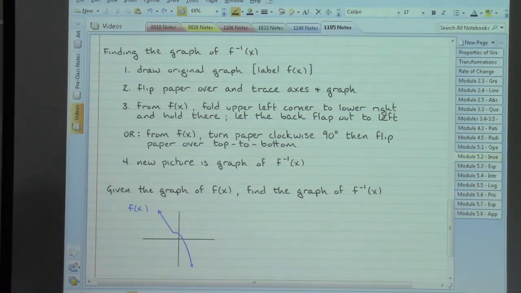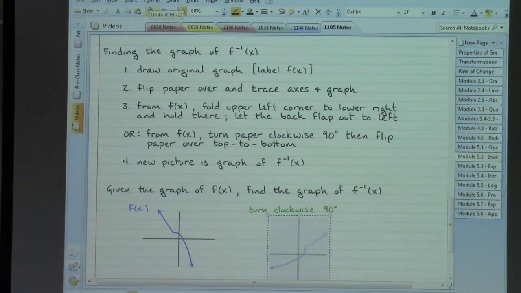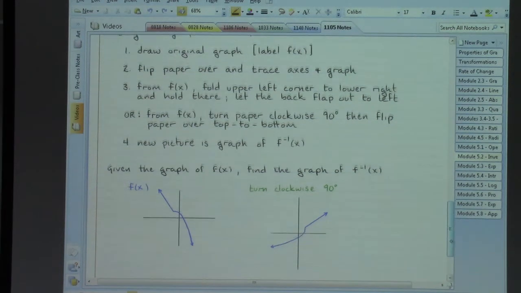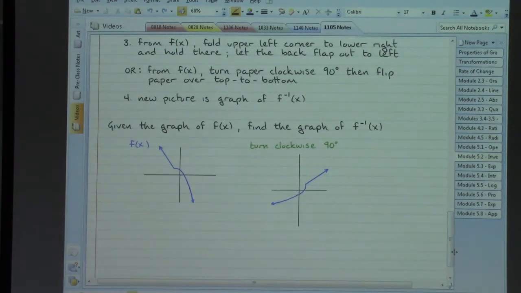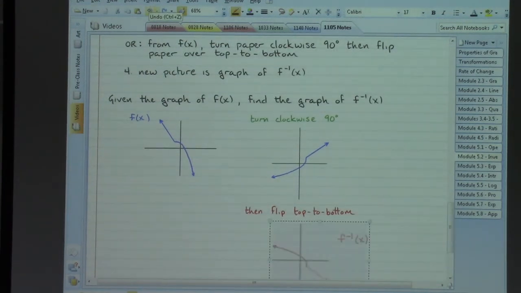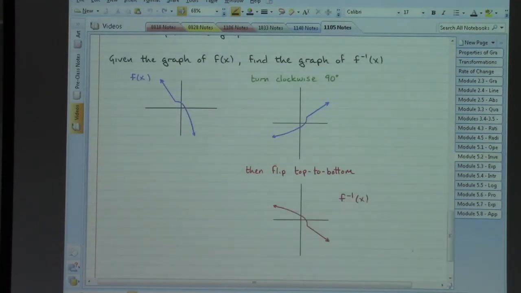We can turn it clockwise 90 degrees, and here's the picture that we get. Then we can flip that drawing top to bottom. When we do that, and again, the digital version makes things nice to do, we will get our inverse function drawing.